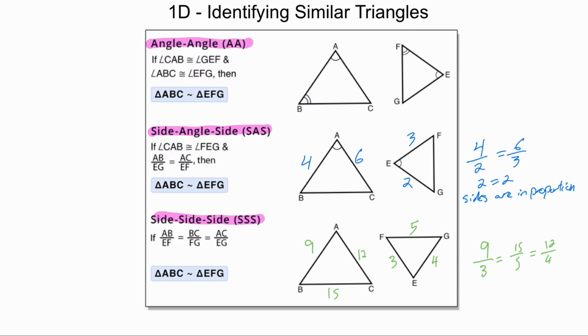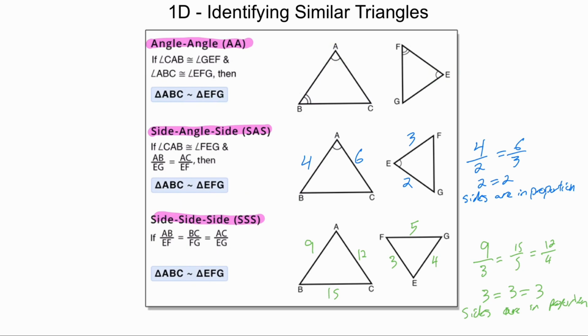So really, if the numbers aren't as recognizable, you could type these into the calculator, but we know 9 over 3 is 3, 15 over 5 is 3, and 12 over 4 is 3. So we know, again, the sides are in proportion, so that these triangles are similar. And in this case, it's by side, side, side, instead of side, angle, side.